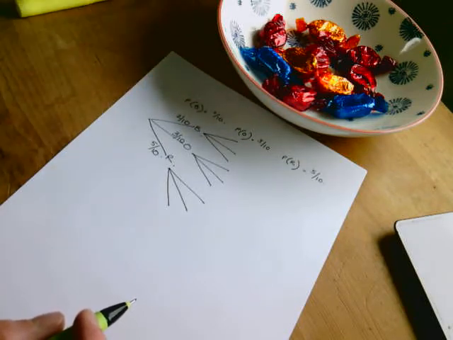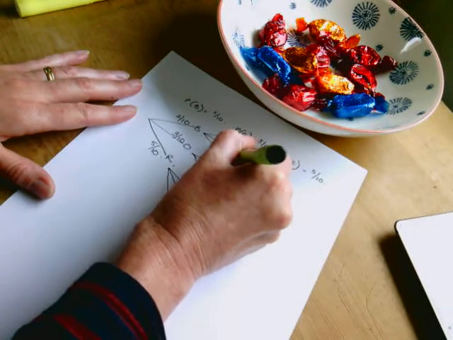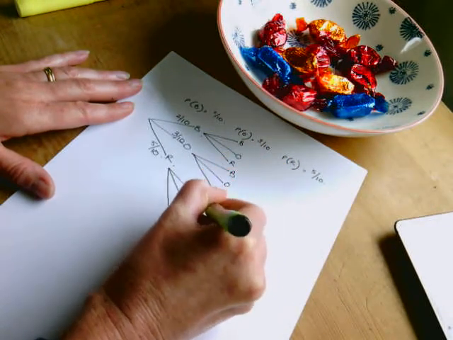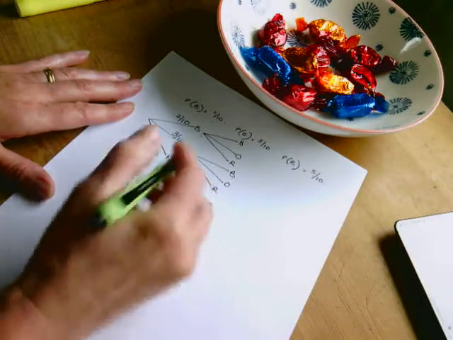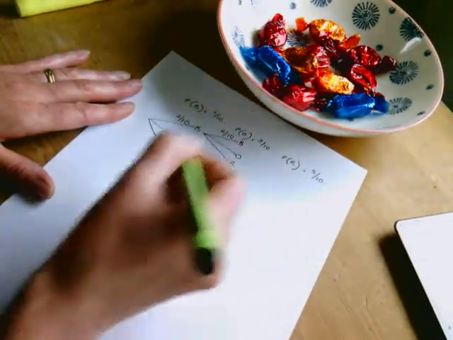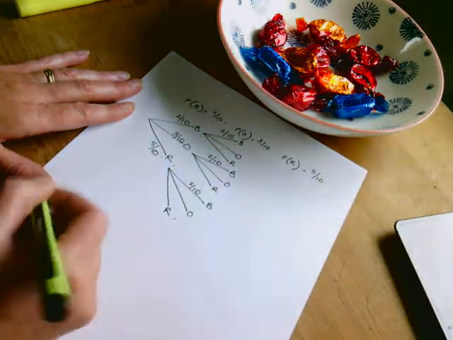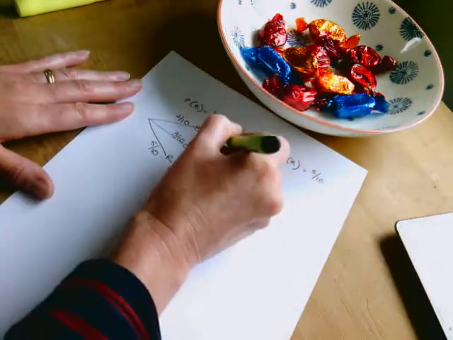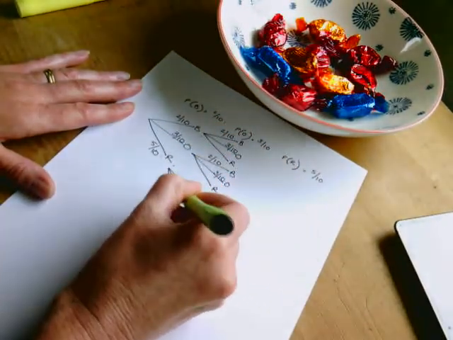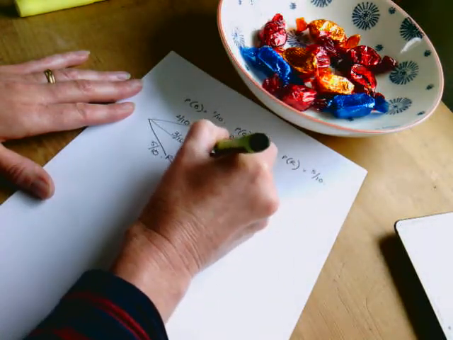So I can just fill that in on my probability tree. Probability of blue second time round, because I've put it back, is still 2 out of 10. Probability of orange is still 3 out of 10. And the probability of red is 5 out of 10.